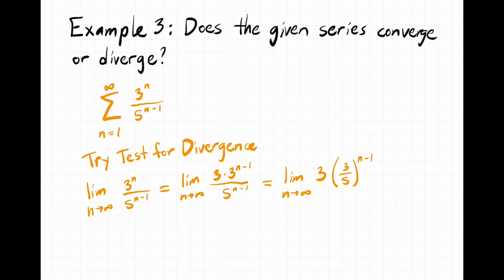Now this we actually can deal with, because this limit, we know what it is. 3/5 is less than 1. In fact, 3/5 is between -1 and 1. If you take that to a higher and higher power, the limit of these individual terms is going to be 0.